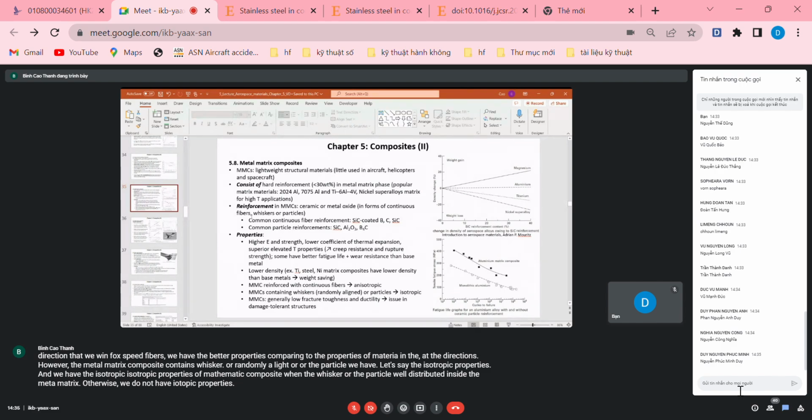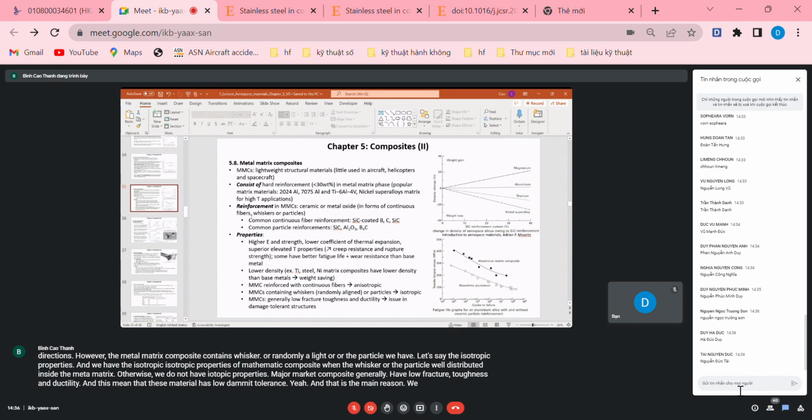Metal matrix composite generally has low fracture toughness and ductility, and this means that this material has low damage tolerance. That is the main reason we limit the use of metal matrix composite in aerospace structures, because they have low damage tolerance.